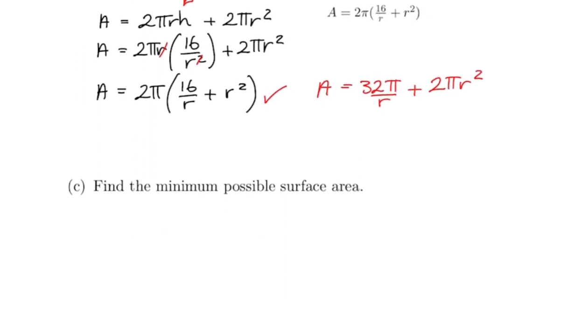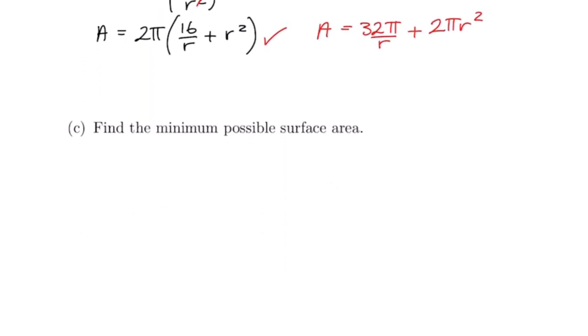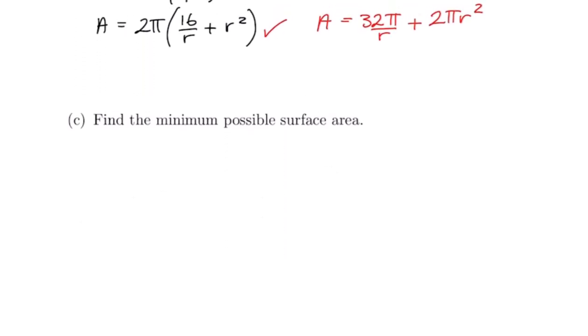Now the next part C says find the minimum possible surface area. So minimum surface area. Now that means dA/dr equals 0.